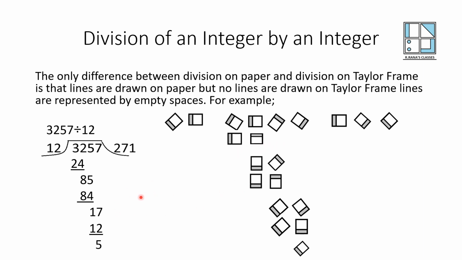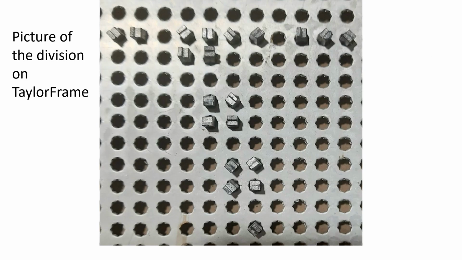Then below 84 there is a space, and below 12 there is again a space, and the difference 5 is the remainder. I think it is clear. A picture of the division on Taylor frame, the same division as we did on the previous page, is also shown here to get a better idea.